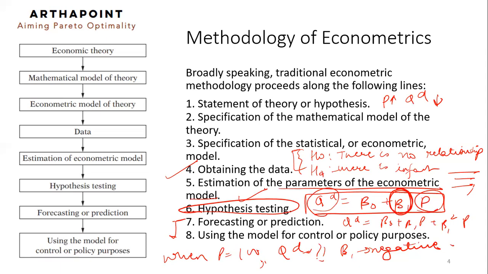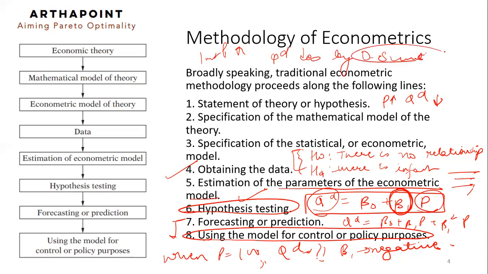The last concept is using the model for control or policy purpose. Once I have proved quantitatively that there is a negative relationship between quantity demanded and price, that when you increase the price by 1 unit, quantity demanded decreases by 0.8 units, how can you use this in policy?